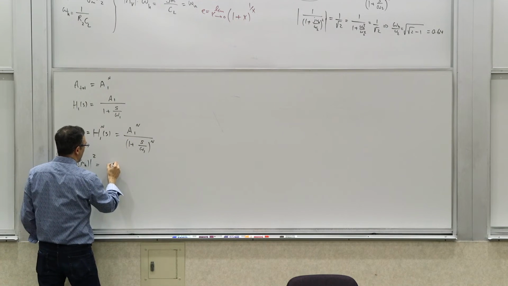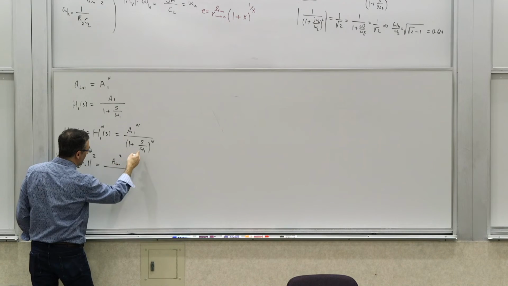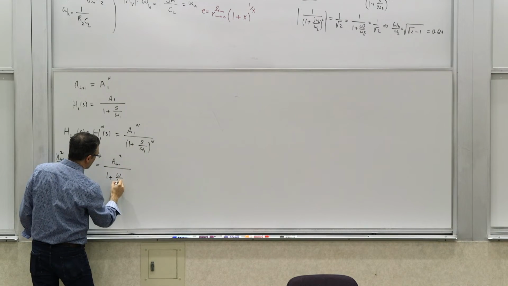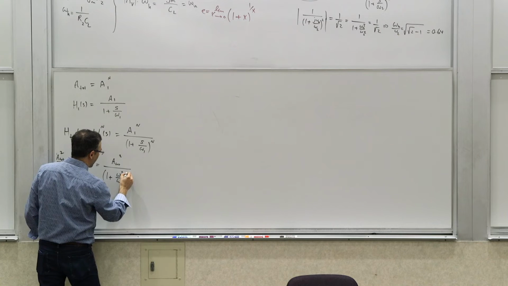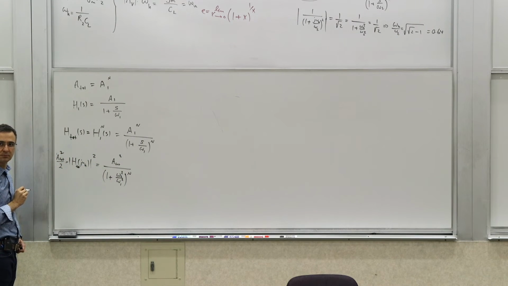This is magnitude squared, so this becomes 1 plus omega_H over omega 1 squared, to the power of n.